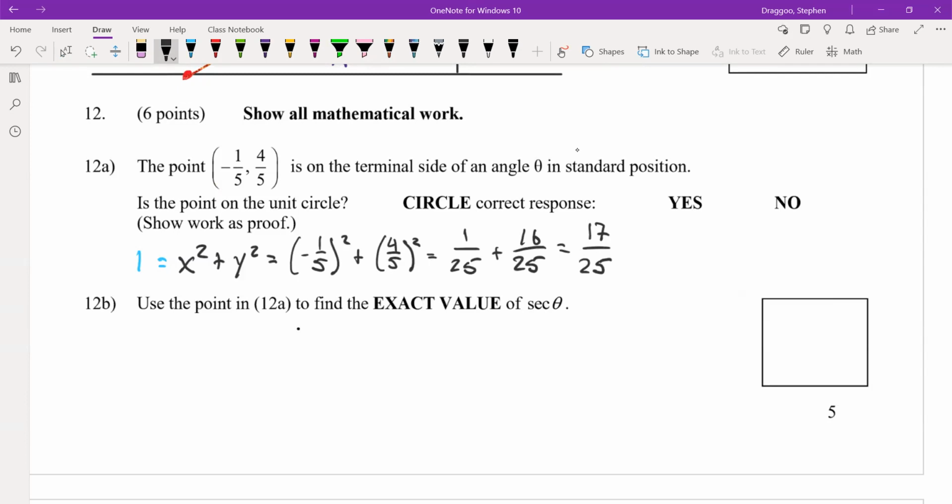I'm not always very good with numbers, but I'm pretty sure that is not equal to 1. If it were equal to 1, it would have been 25 over 25. And we didn't get that. We got 17 over 25. So since x squared plus y squared was not equal to 1, this point is not on the unit circle.